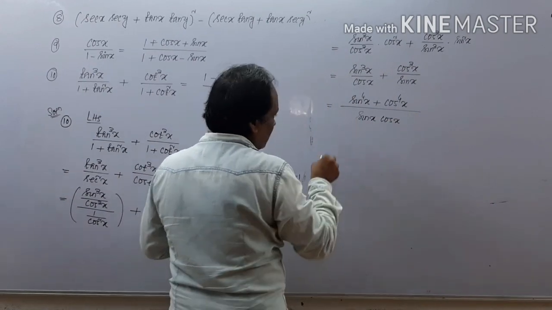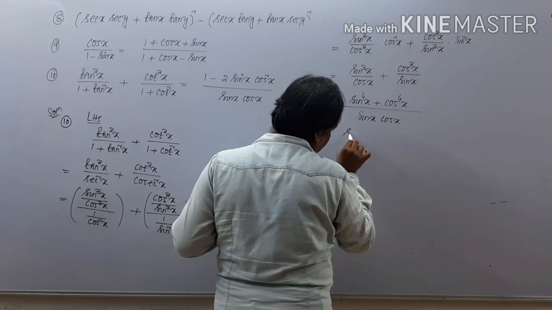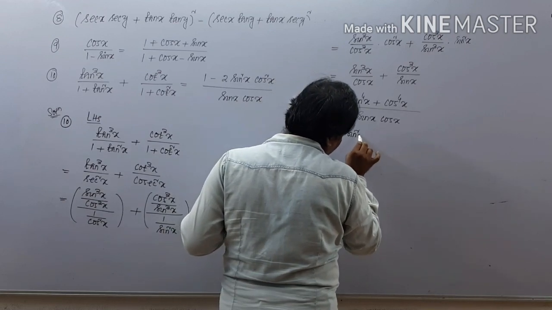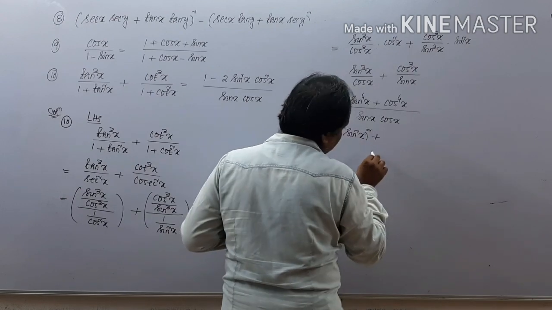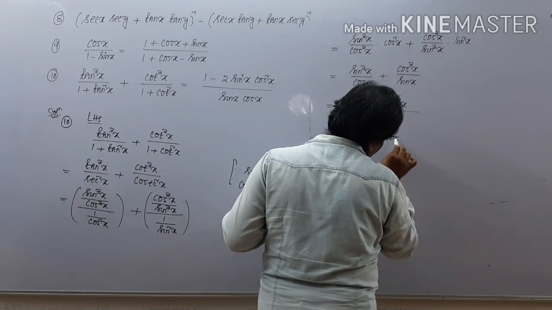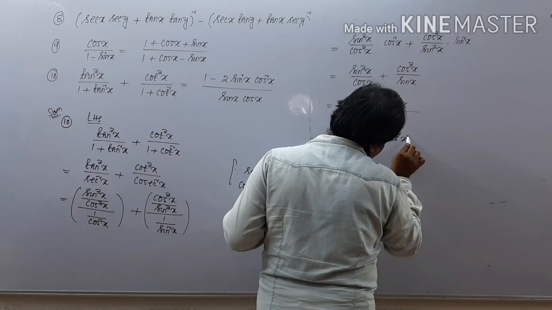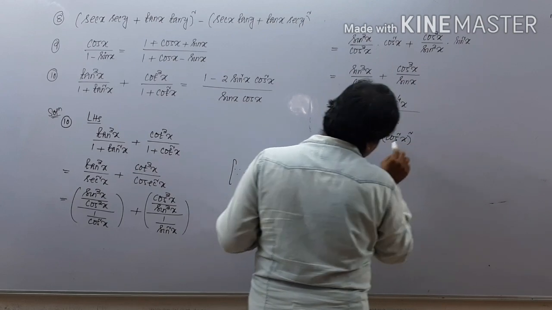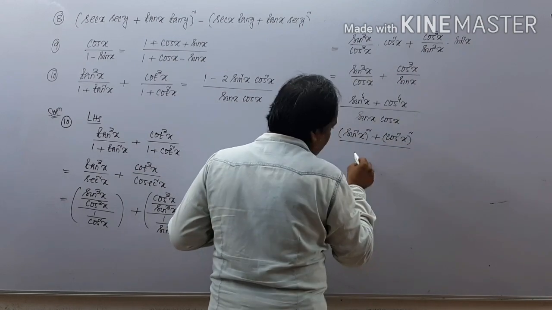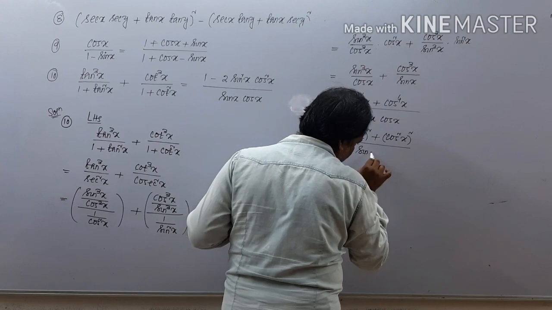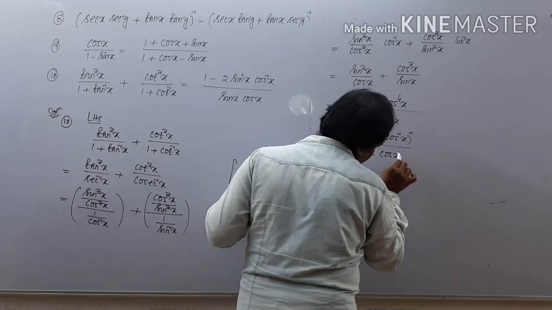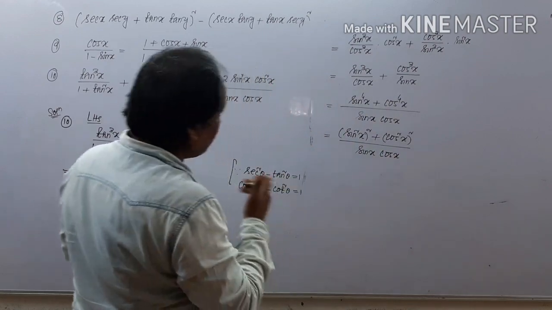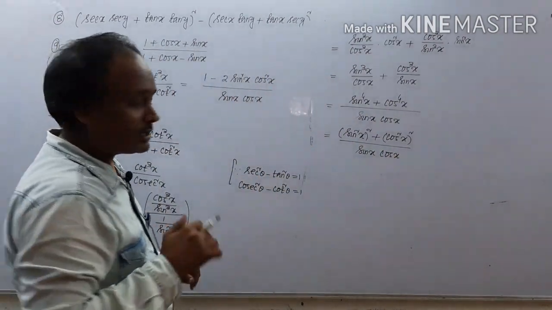After that I can write this one as sin square x whole square plus cos square x whole square, right? Divided by sin x into cos x.